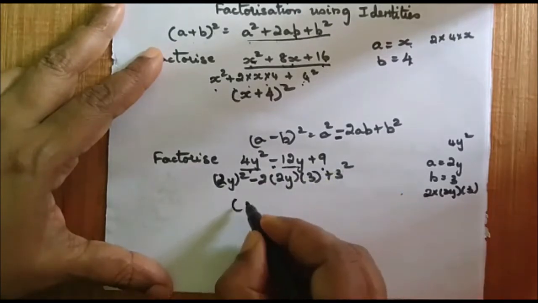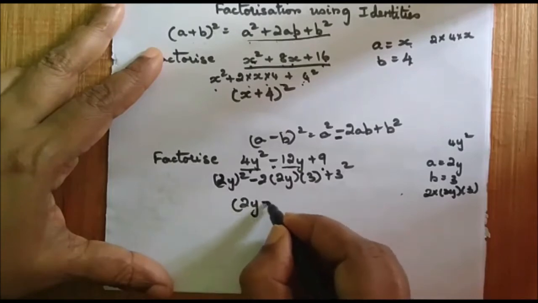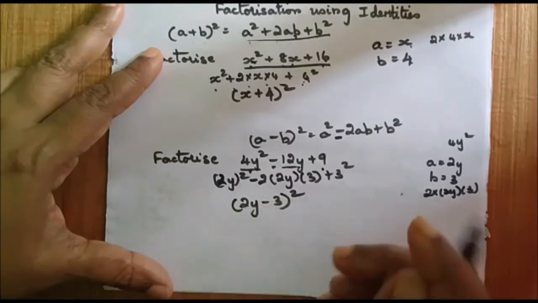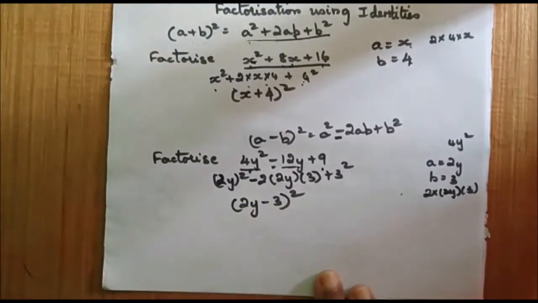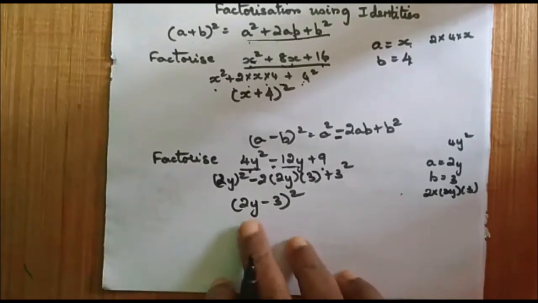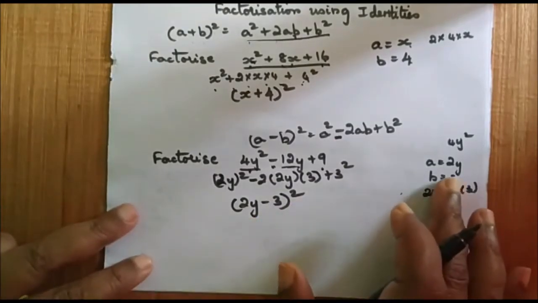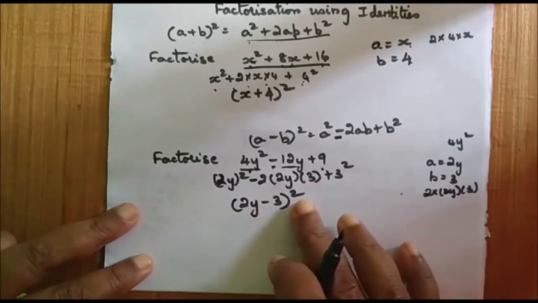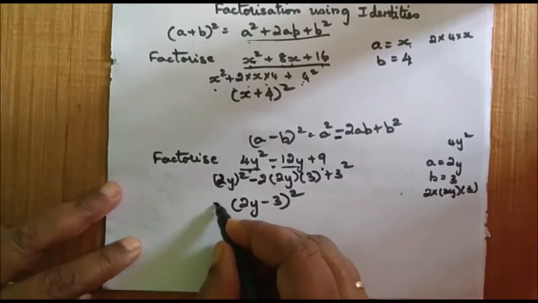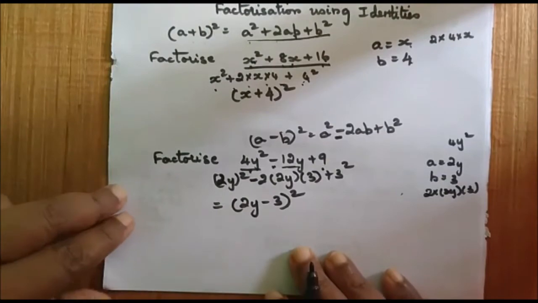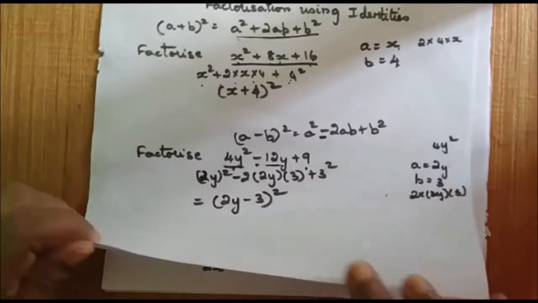I hope you get it. So this can be written as (2y minus 3) the whole squared. (a minus b) the whole squared, where 2y is a and b is 3. I hope you understood how we solved this problem.